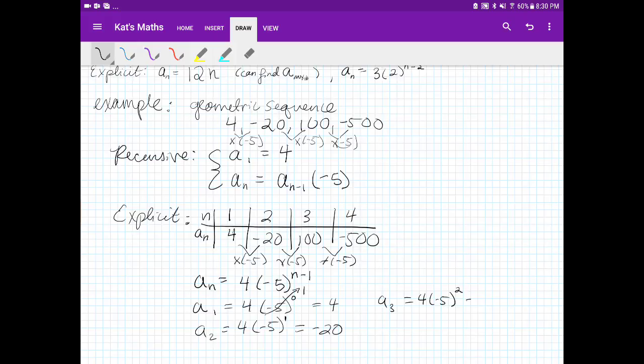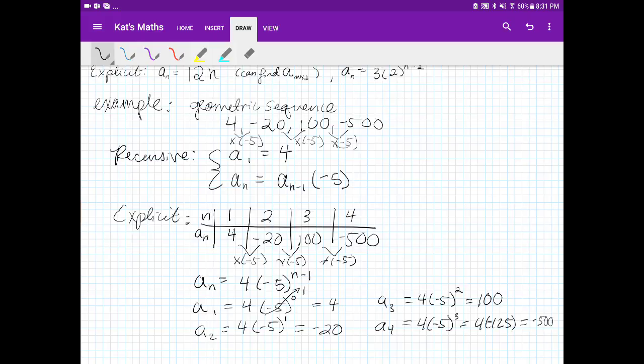So -5 times -5 is 25. 4 times 25 is 100, so that worked. And then a4 is 4 times -5 to the 4 minus 1, which is 3. So 5 times 5 is 25, times 5 is 125. So 4 times negative 125 gives us -500.